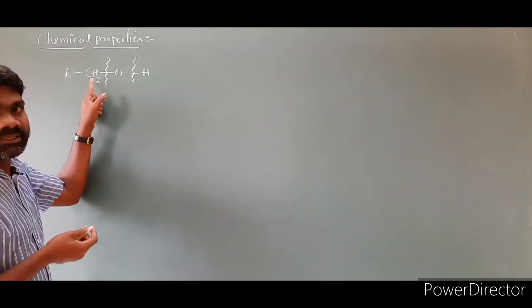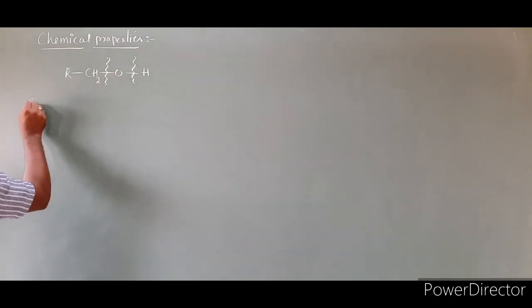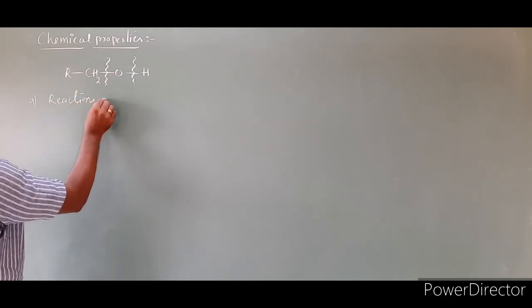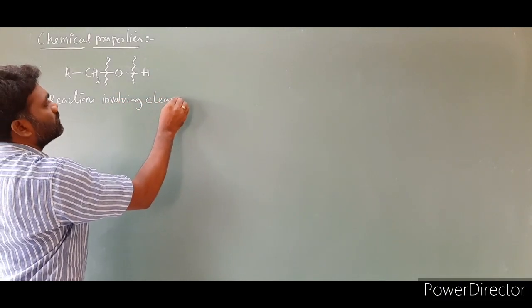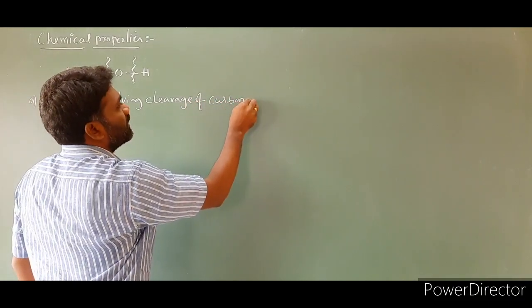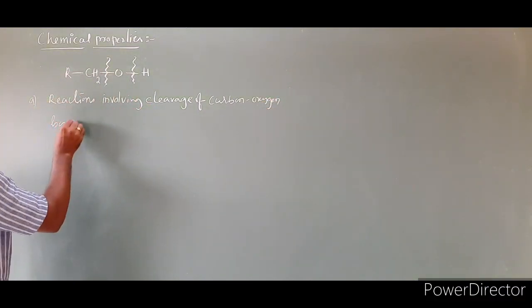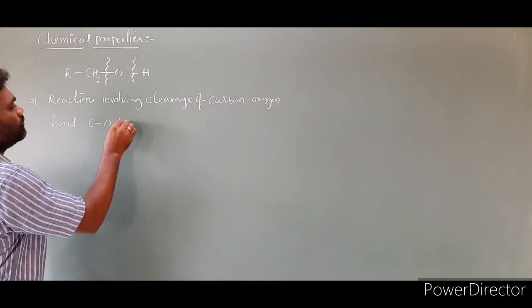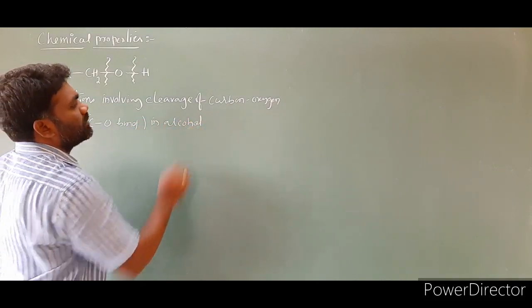The first one is reactions involving cleavage of the carbon-oxygen bond. So let us write it. First category: reactions involving cleavage of the carbon-oxygen bond, simply the CO bond in alcohols.